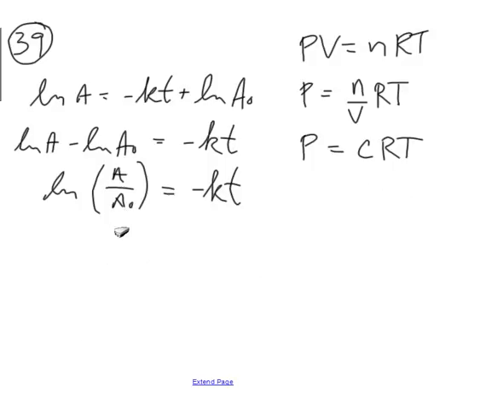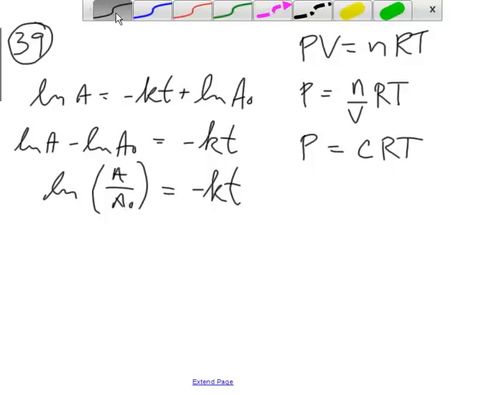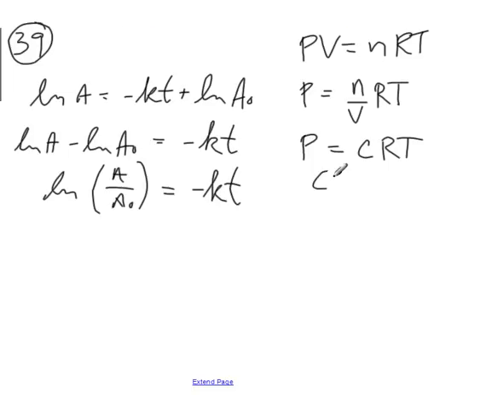If you have A over A0, and you go back to look at what we've said over here on the side, we can solve for C. C equals P over RT, right? If you take the concentration of A, that's like C in this equation, you could replace that with PA over RT.